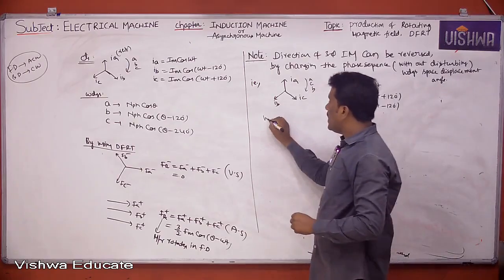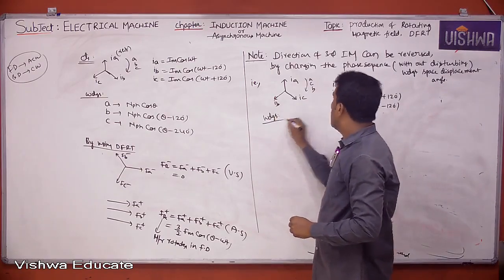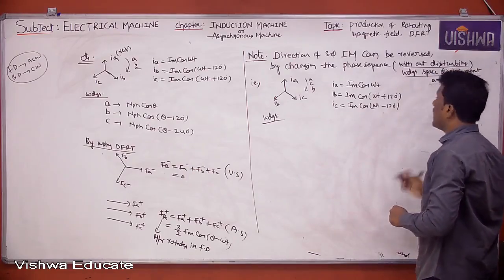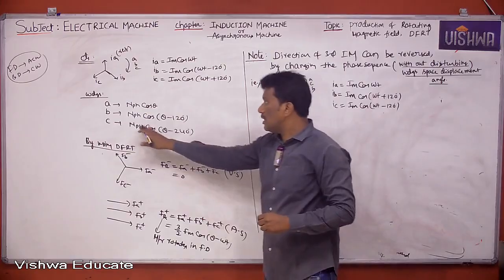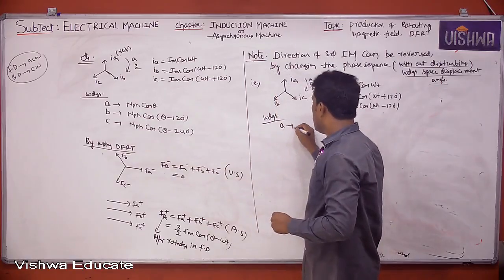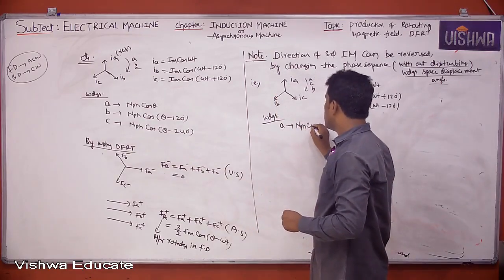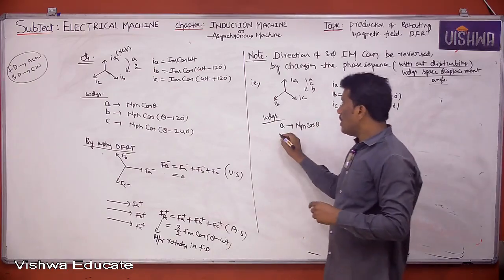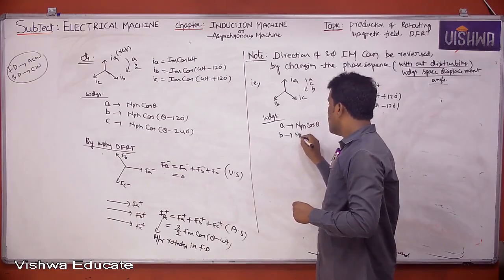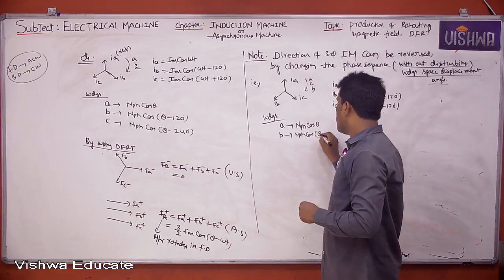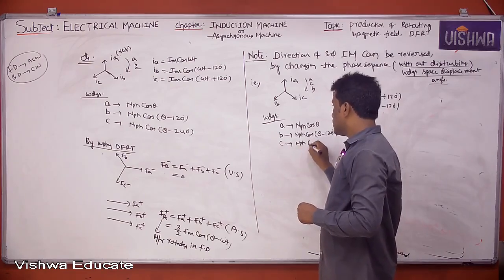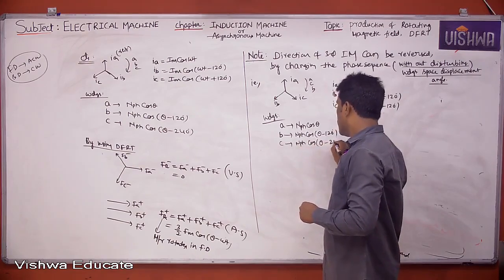And whatever windings, I told you, without disturbing the winding space displacement angle. That means previously in A phase, the number of turns, I just placed N phase cos theta. Now also in B phase, N phase cos of theta minus 120, just like previously. C phase, N phase cos of theta minus 240.